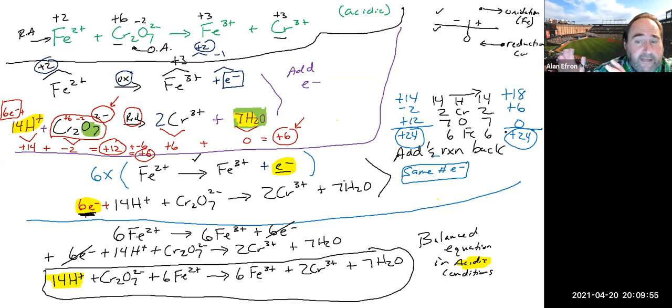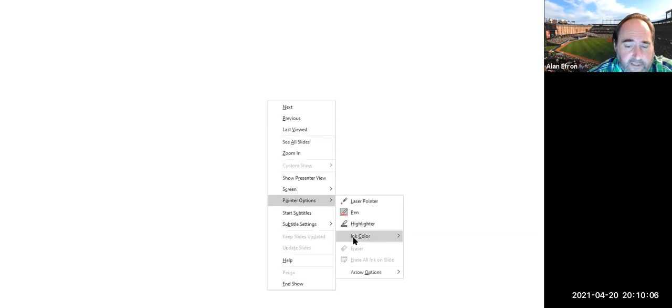it into basic conditions. So what I'm going to do is find me a fresh page. I'm going to recopy our acidic equation that we just did. So I'm not redoing anything other than just recopying our acidic condition here.